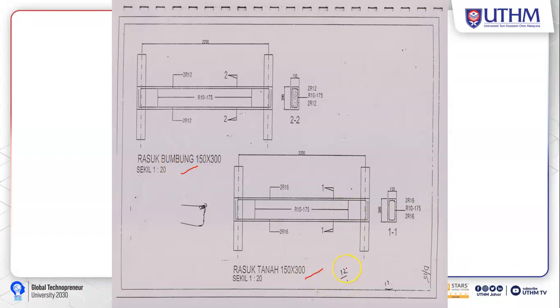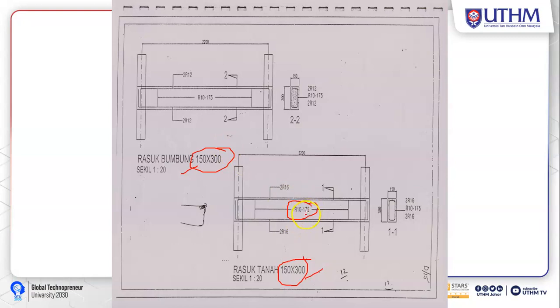In any detailing of beam structure, you will get the size of the beam. They will indicate the size of the beam, and also the mild steel for the stirrup and the spacing.